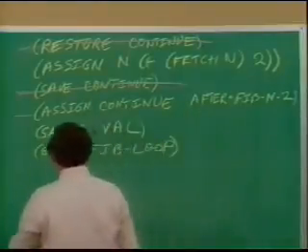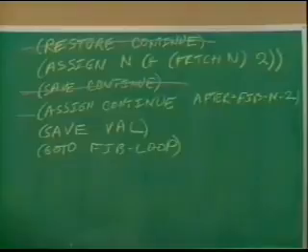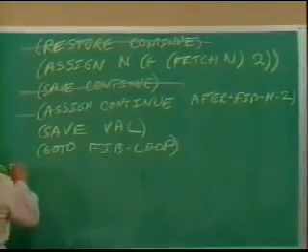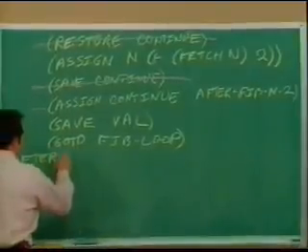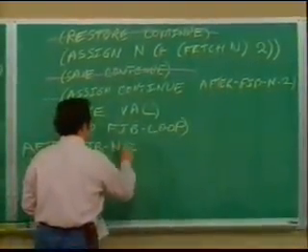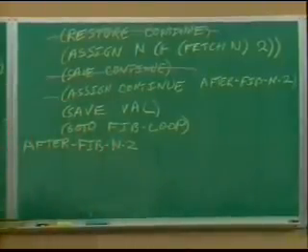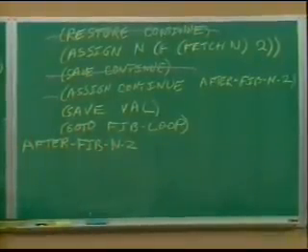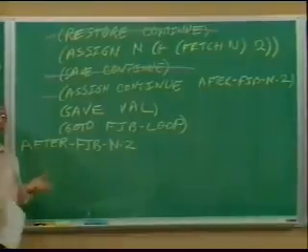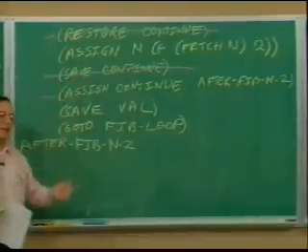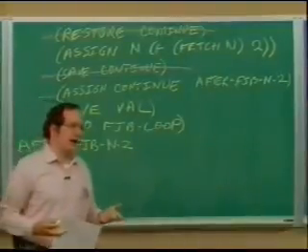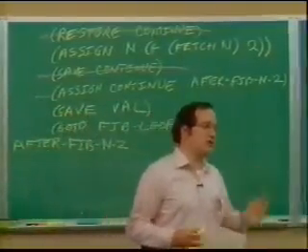Okay, so now we've gone off to compute Fibonacci of n minus 2. So after that, what are we going to do? Well, I suppose we've got two things. We've got a thing in the value register which is now valuable. We also have a thing on the stack that can be restored into the value register. What I have to be careful with now is I want to shuffle this right so I can do the multiply.